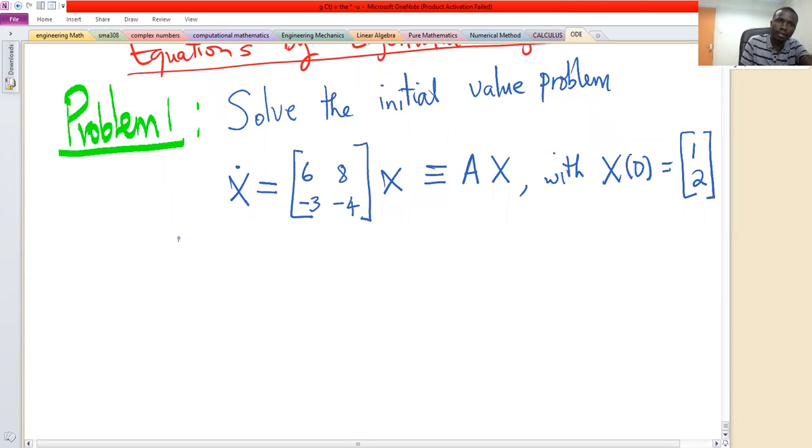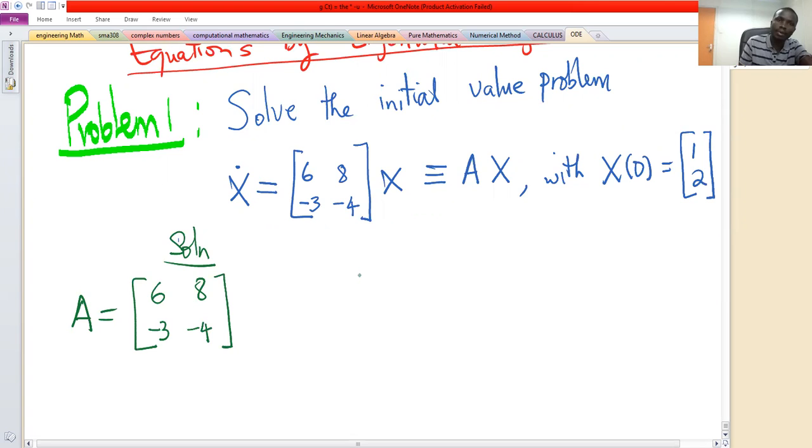Now let's discuss the solution. So our matrix A is given by 6, 8, minus 3, minus 4.